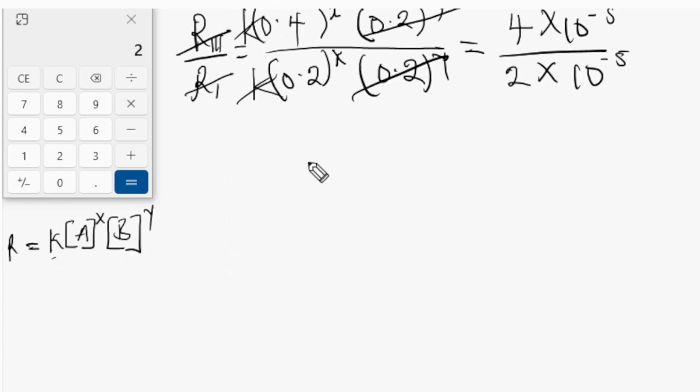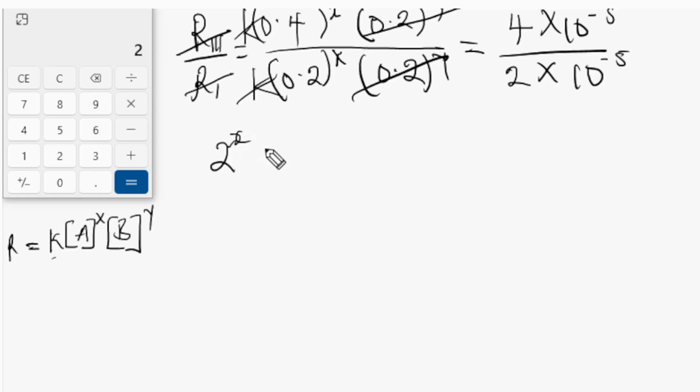So with this, we can simply say 0.4 to the power of x over 0.2 to the power of x. So 0.4 over 0.2, that's 2 to the power of x.